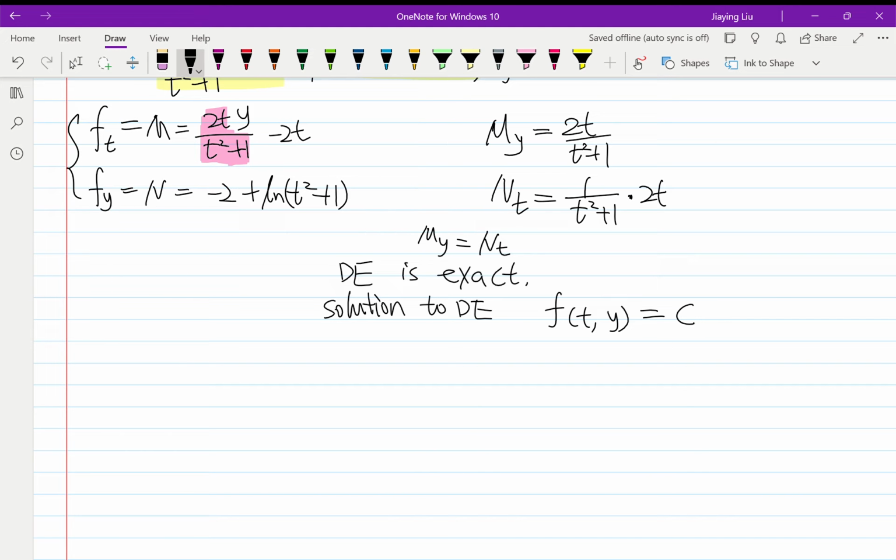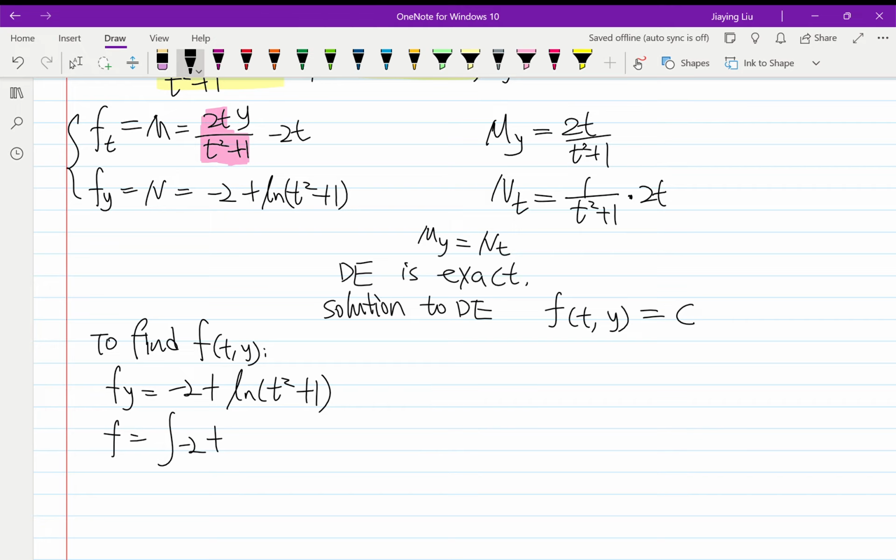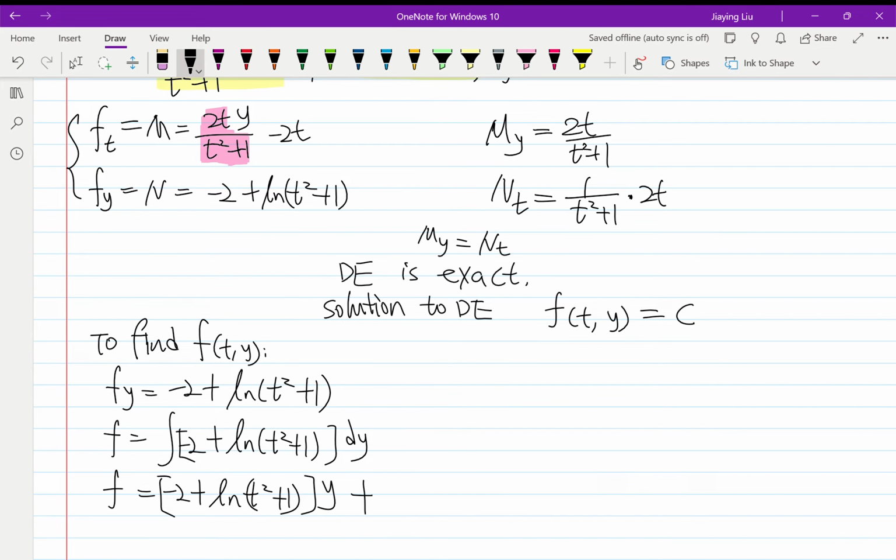So I'll take the second one to find f. So f_y equals -2 plus natural log of (t squared plus 1). F equals the integral of (-2 plus natural log of (t squared plus 1)) dy. F equals (-2 plus natural log of (t squared plus 1)) times y plus some constant term.